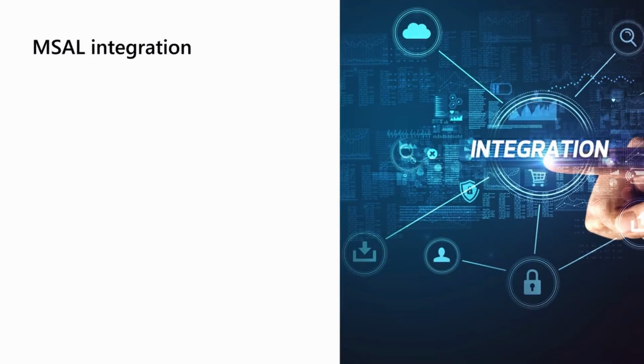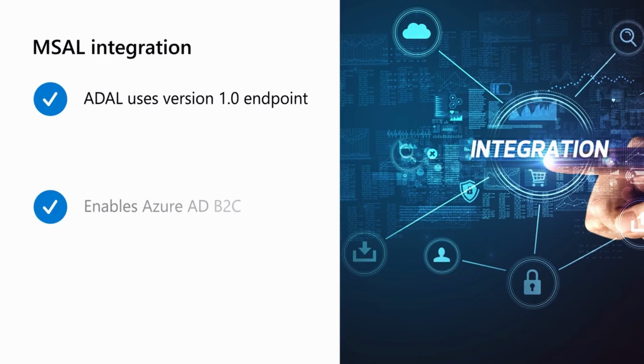While MSAL integrates with the Microsoft Identity Platform, ADAL integrates with the version 1.0 endpoint of Azure AD for developers. In this version, you can support work accounts. The version 2.0 endpoint is a unified Microsoft personal account with a single authentication scheme. Additionally, MSAL enables Azure AD B2C authentications.